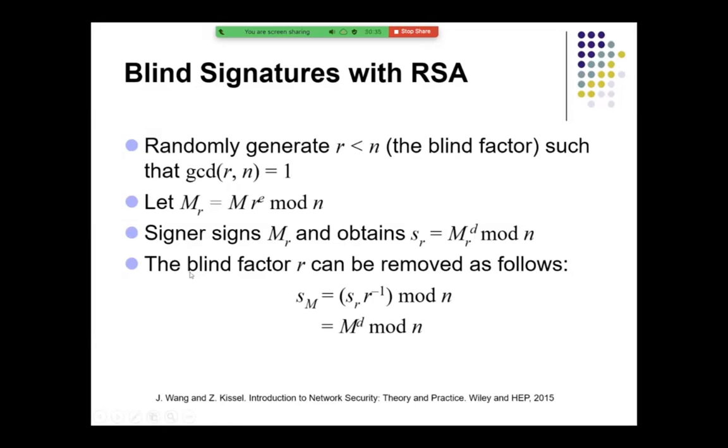Then the blind factor R is included in the signature, so we need to remove it from the signature. This is done as follows. We multiply R inverse mod N with S sub R. That is equivalent to removing the blind factor R from this signature S sub R to get S sub M, which is this. So that's exactly what I need.